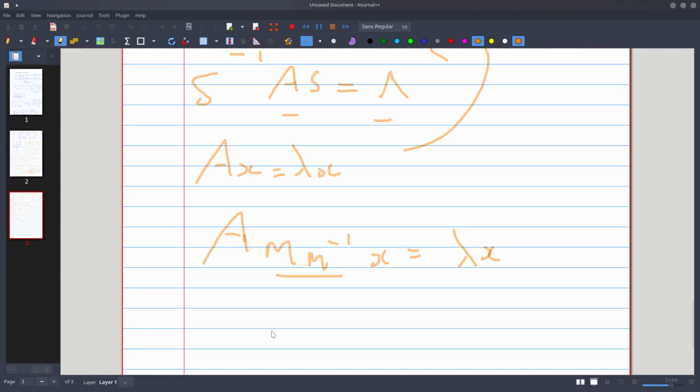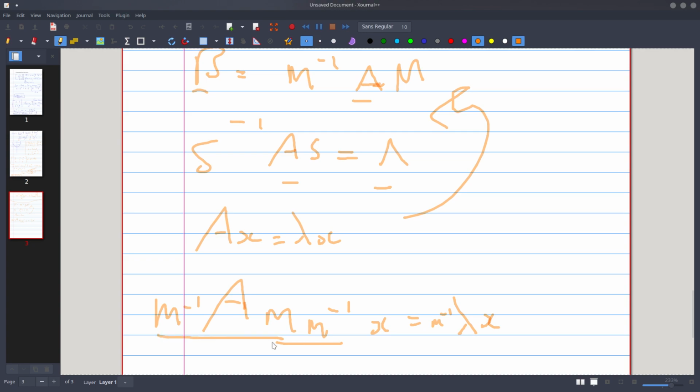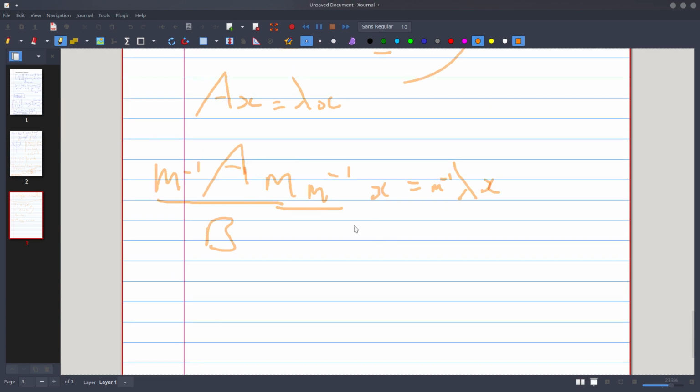But it was quite clever in that now we can multiply on the left by M inverse. And now you've got this form B. I hope you recognize this is B. This is a matrix times a vector, which is going to produce a vector. So we'll call it V for vector, is equal to M inverse lambda X.